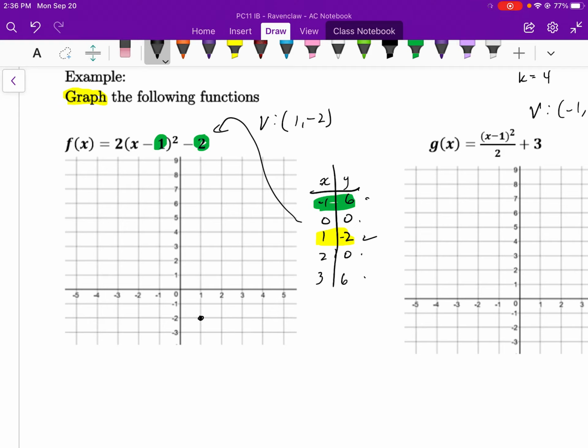So for instance, if I want to know the y value when x is equal to -1, I write f of -1 is equal to 2, and instead of x, I write (-1 minus 1) squared minus 2. And then I just clean this up through the order of operations.